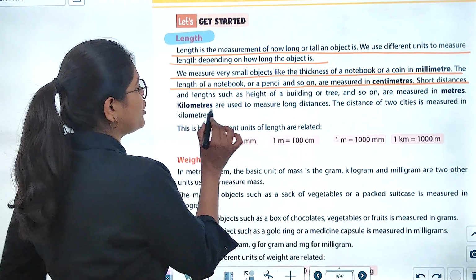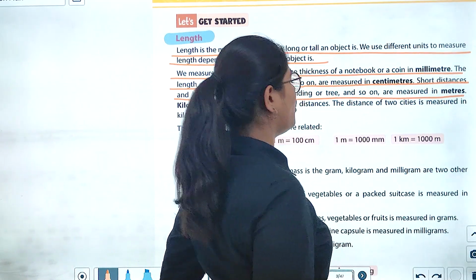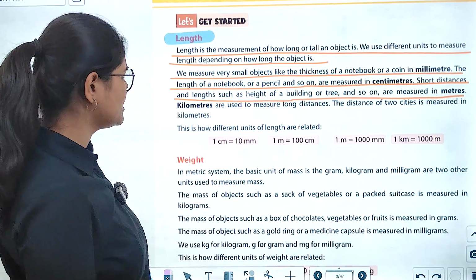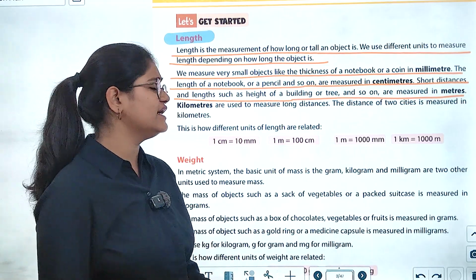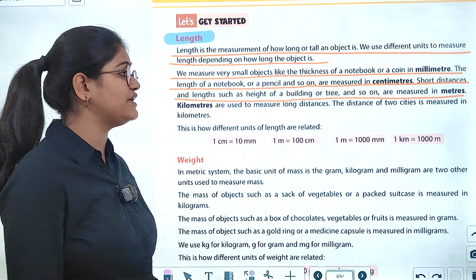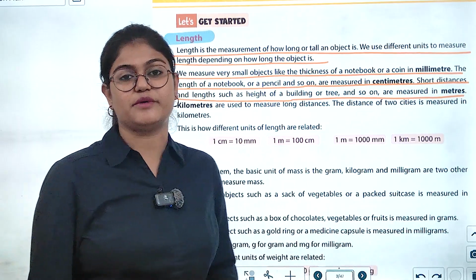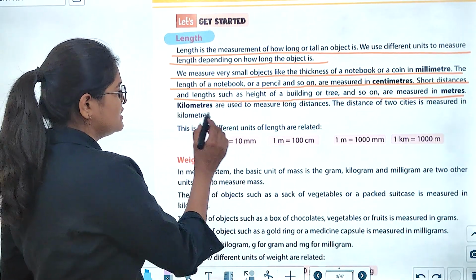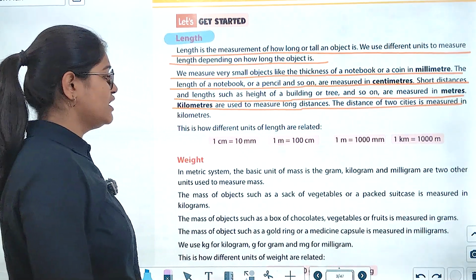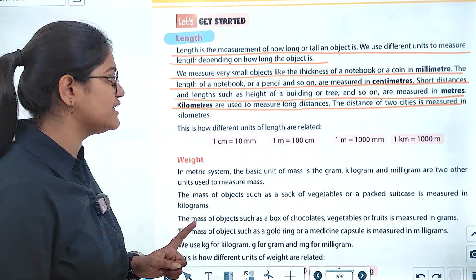Then short distances and lengths such as the height of a building or tree and so on are measured in meters. So all these things we measure in meters, correct? Then kilometers are used to measure long distances.